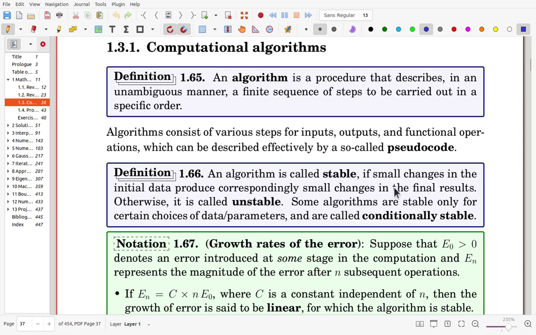If a small change in input makes a small change in output, then the algorithm is called stable. Otherwise, it is called unstable. Some algorithms are stable only under some conditions. Then it is called conditionally stable.